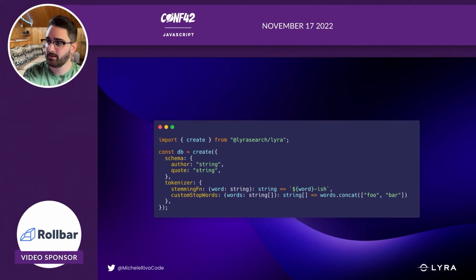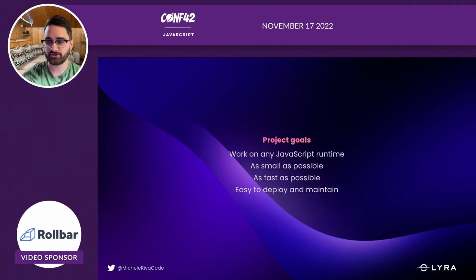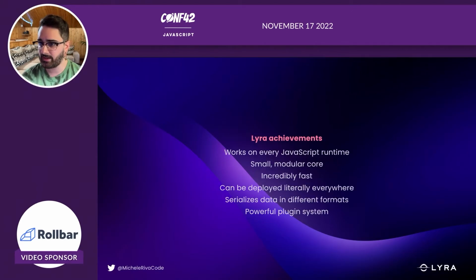So it's highly customizable. Lyra had some project goals, of course. We wanted to run on any JavaScript runtime. We wanted it to be as small as possible, as fast as possible, and easy to maintain and deploy. And I gotta say, we had some great achievements. It works on every single JavaScript runtime.